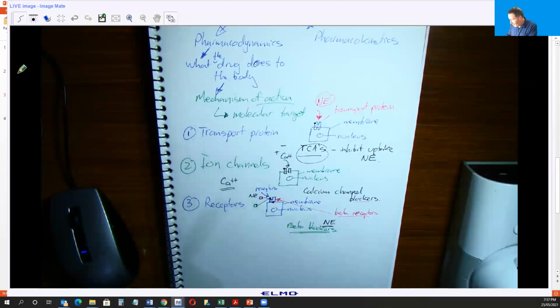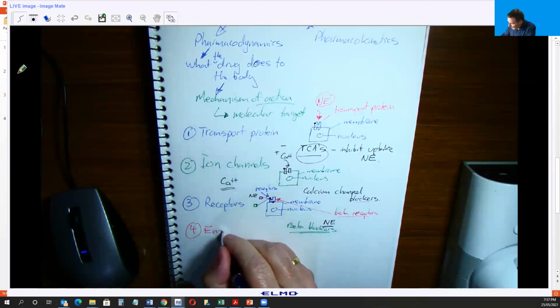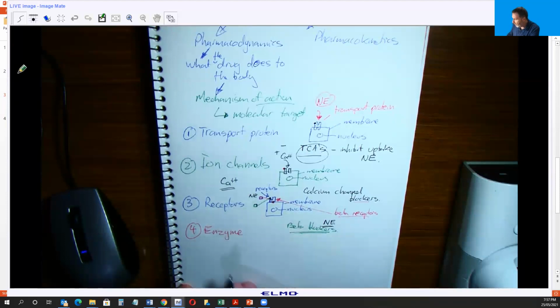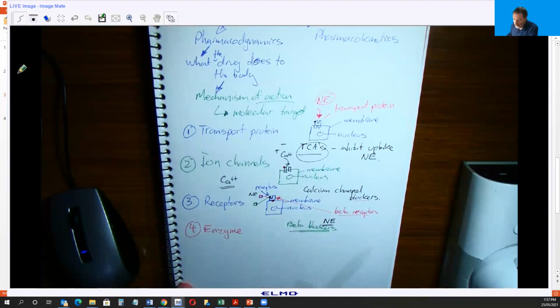All right, next, what do we have next is the fourth type of molecular target. Now, the fourth type of molecular target is an enzyme. So check this out. There are hundreds of thousands of different enzymes in our body.